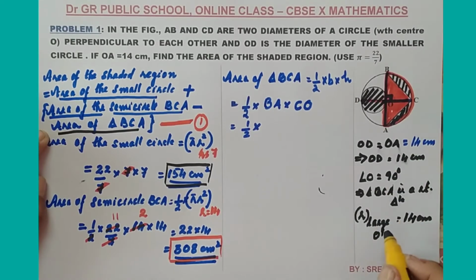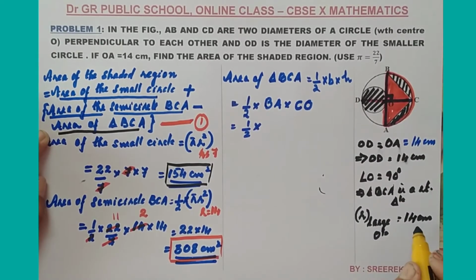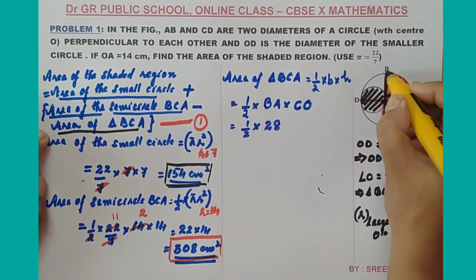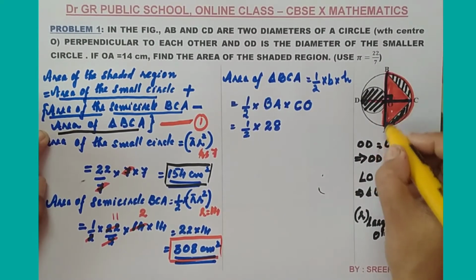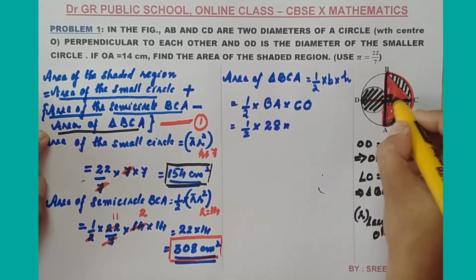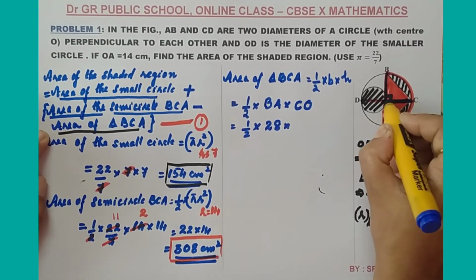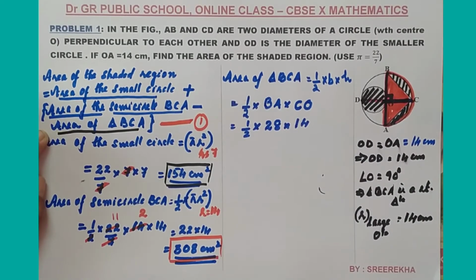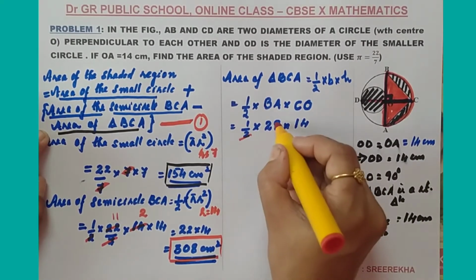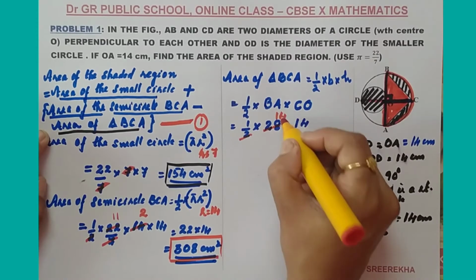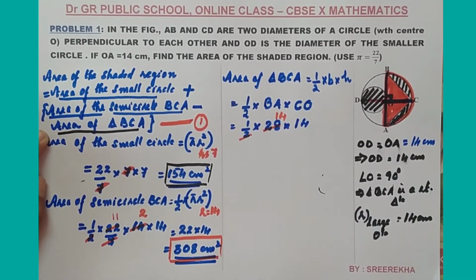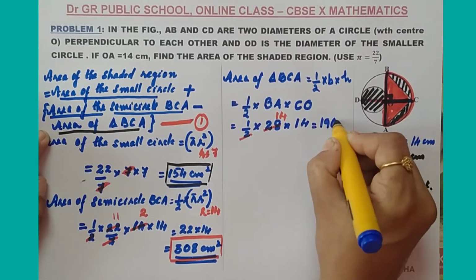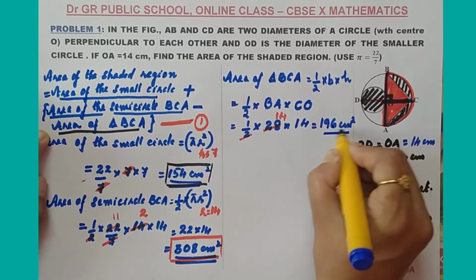The radius of the large circle is 14, so the diameter equals 28 centimeter. BA equals 14 plus 14, which is 28, into CO. CO is the radius of the circle, which is 14 itself. Now I am going to make the simplification here. 2 cancels with 28. 14 times 14 is 196 centimeter square, which is the answer.